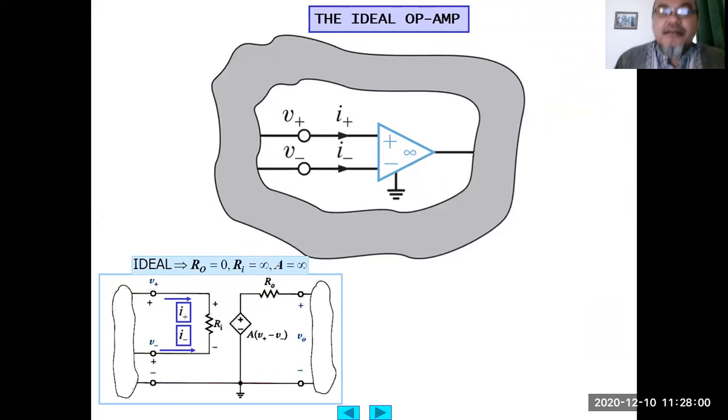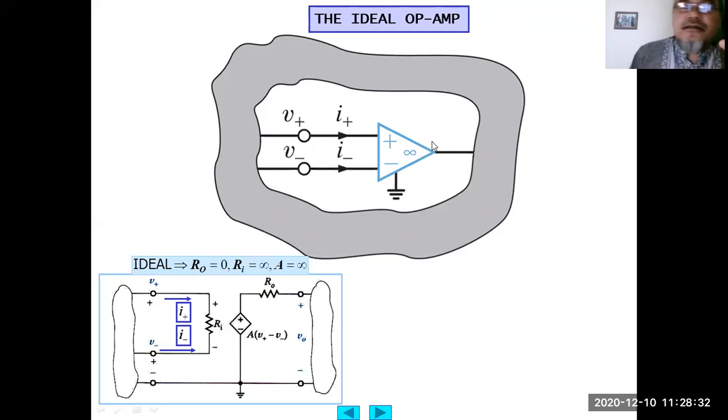Okay. So let's study now the characteristics of an ideal op-amp, which later we will be using to analyze any circuits containing an op-amp. So here we have the non-inverting terminal having a voltage V plus and a current flowing through it, I plus, and the inverting terminal, negative, with a voltage V minus and the current flowing through it, I minus.